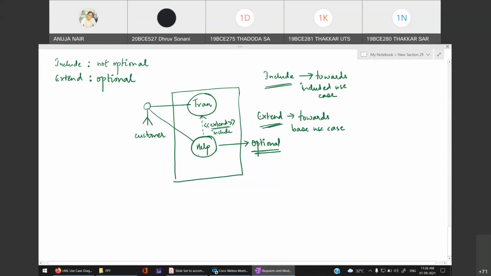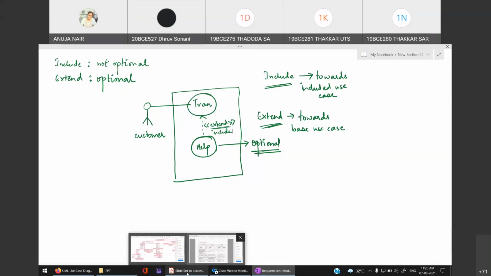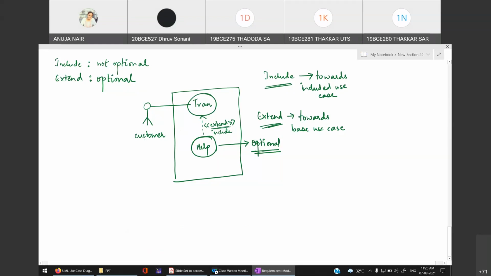That means every time you need to do help, you need to do a transaction. So it's not the same. If you change the arrow and change the keyword, it will not become the same. You need to read it in a different way. Manish, I hope it's clear.